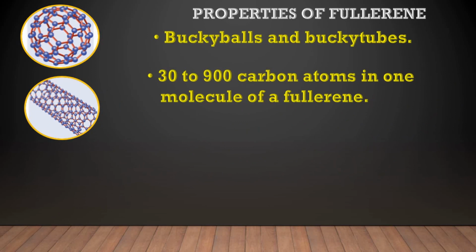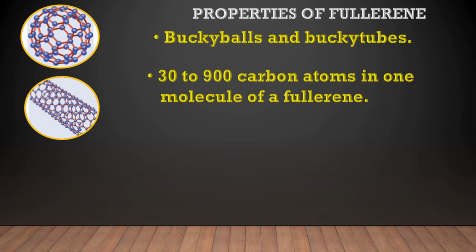A fullerene is an allotrope of carbon whose molecule consists of carbon atoms connected by single and double bonds so as to form a closed or partially closed mesh with fused rings of 5 to 7 atoms.